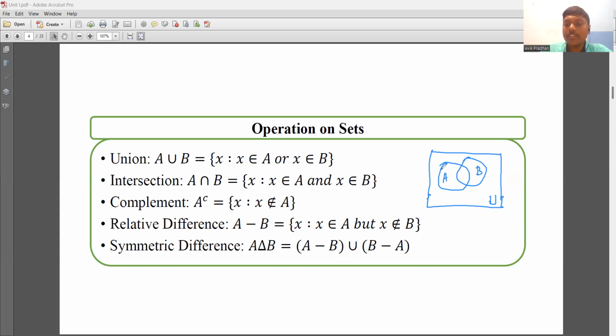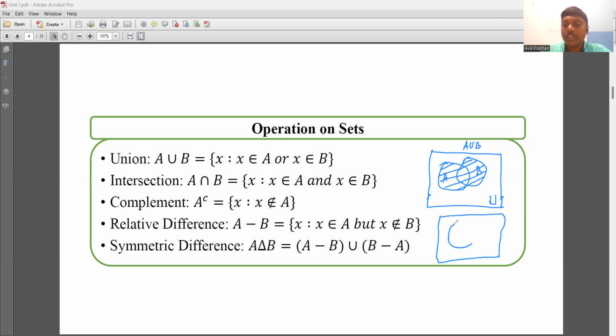A union B represents all the elements which belong to either A or B. So all the elements from A and B together represent A union B. This is my A union B, the Venn diagram of A union B.